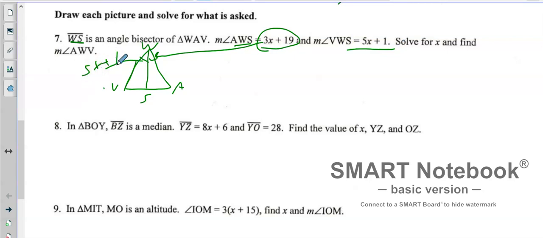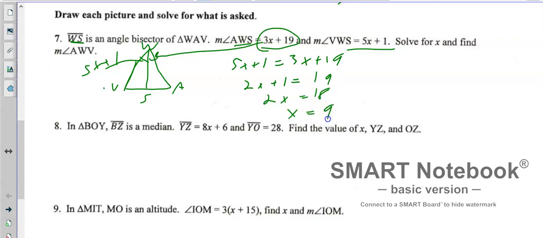And therefore, we know they're equal to each other, so we can just write down 5x plus 1 equals 3x plus 19. 2x plus 1 equals 19. 2x equals 18. Therefore, x equals 9. Now, it also says to find AWV. Now, remember, AWV is this entire thing.